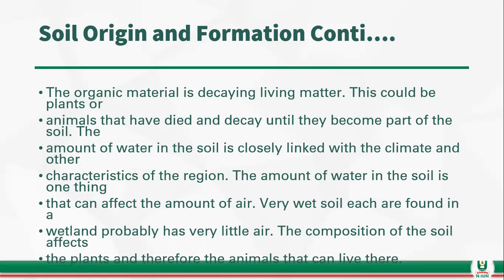The amount of water in the soil is one thing that can affect the amount of air. Very wet soil, like that found in a wetland, probably has very little air. The composition of soil affects the plants and therefore the animals that can live there.